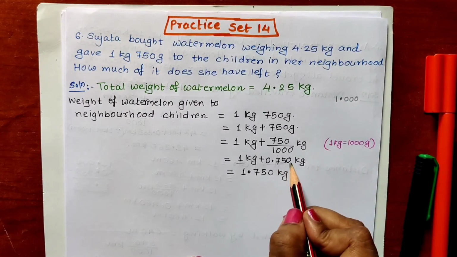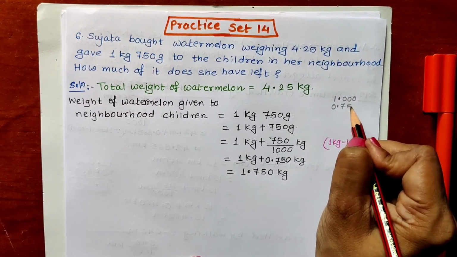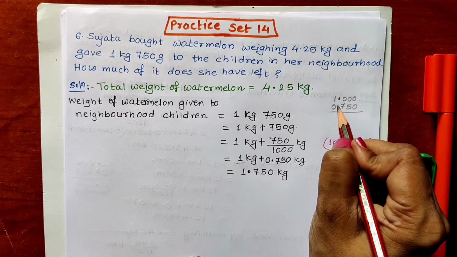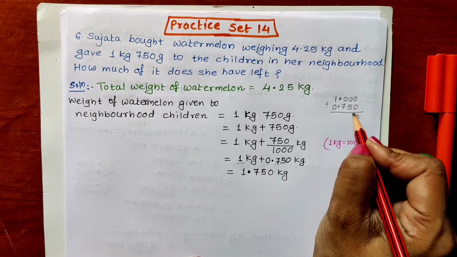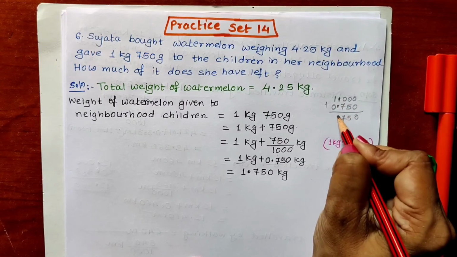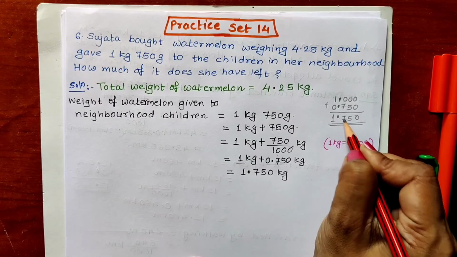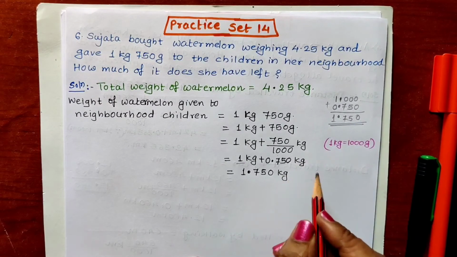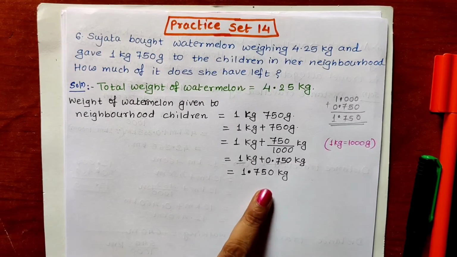Now we have to add 0.750, point below point. 0 plus 0 is 0, 0 plus 5 is 5, 0 plus 7 is 7, point below point, and 1 plus 0 is 1. So in this way we get the answer 1.750 kg. This is the weight of watermelon she gave to the children.